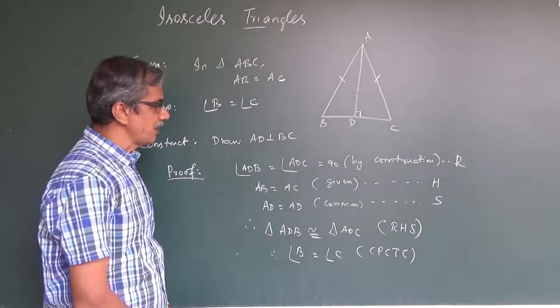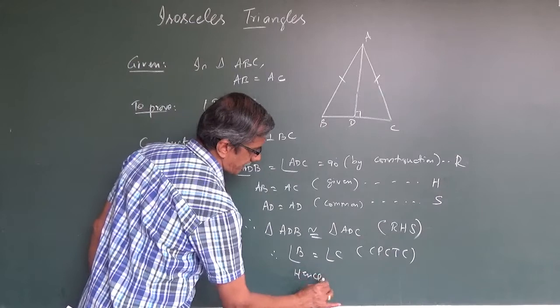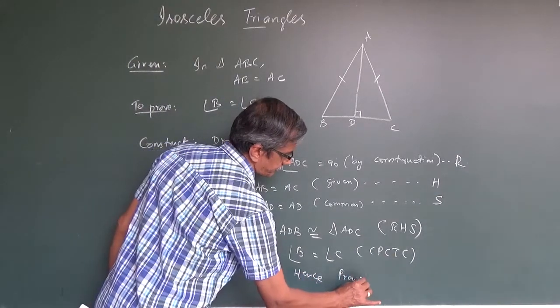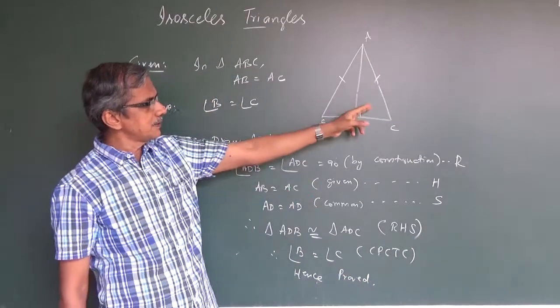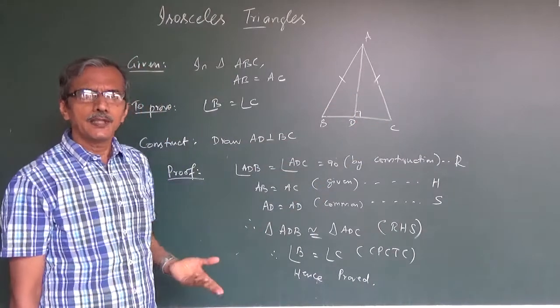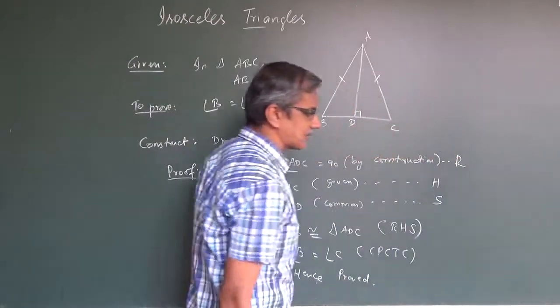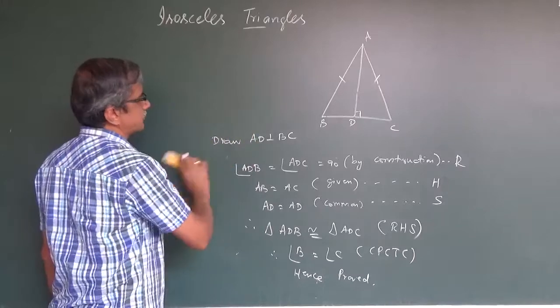Hence proved. I hope you understood the proof. By RHS, the two triangles are congruent, therefore these two angles become equal. So we have proved that if two sides are equal, the angles opposite to them are also equal.